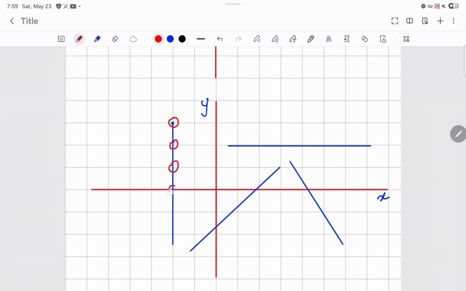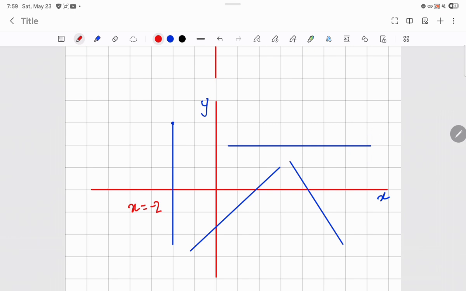Because they all have the same x values, the equation of the line is x equals -2. That means once you move 2 units to the left, you are where the line is.